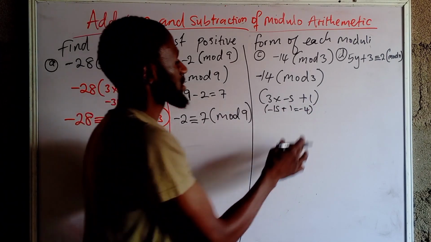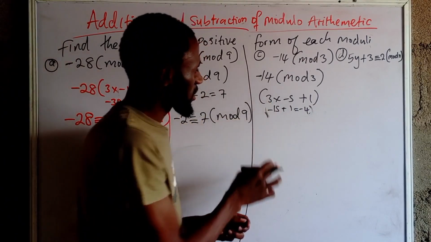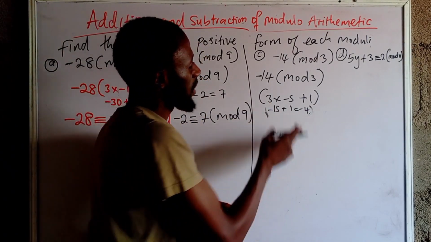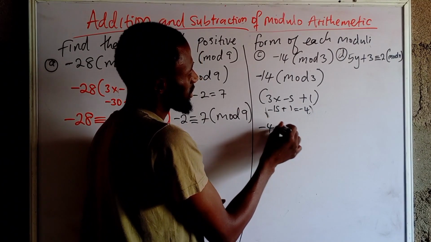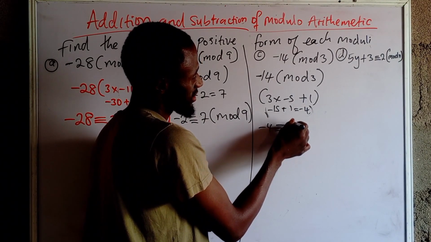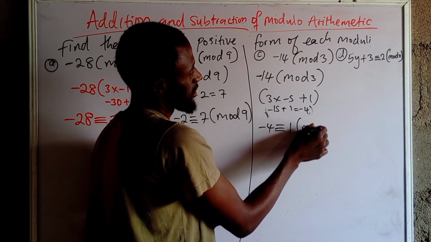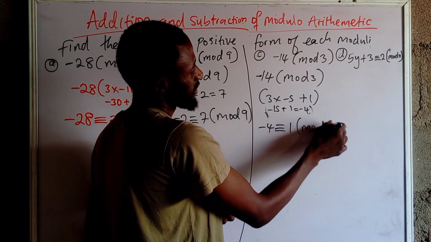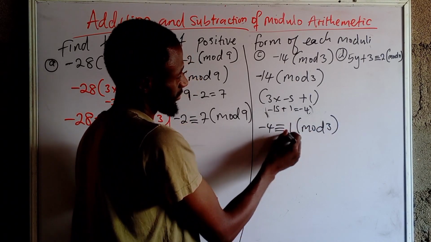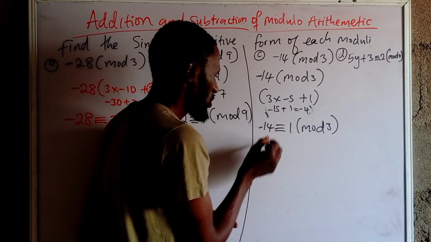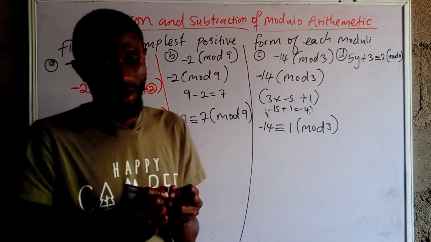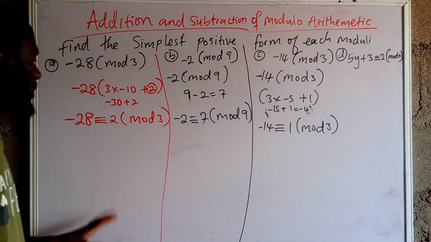That is to say, our answer here is that minus 14 is equivalent to 1 mod 3.